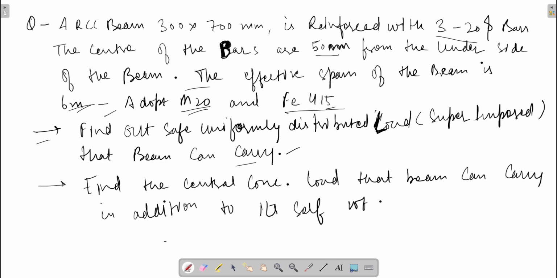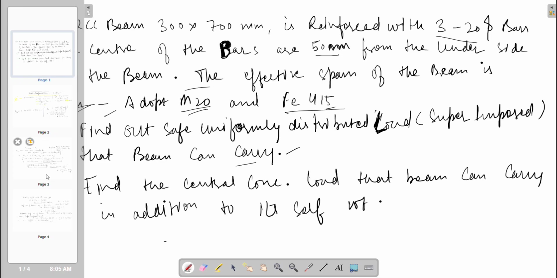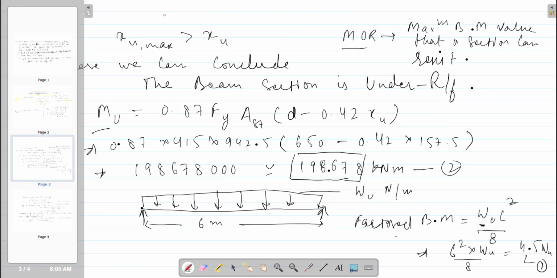The second part of the question asks us to find out the central concentrated load that the beam can carry in addition to its self weight. As we already know, this beam is already loaded with a UDL, and it's saying to place a concentrated load at the center of the beam. That is, in this diagram we had a UDL already acting on the beam.